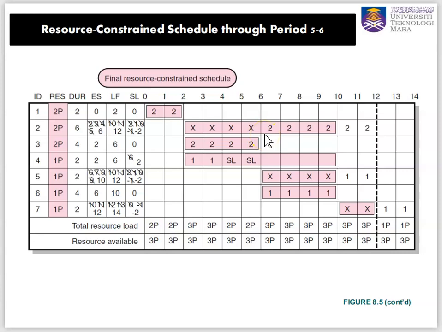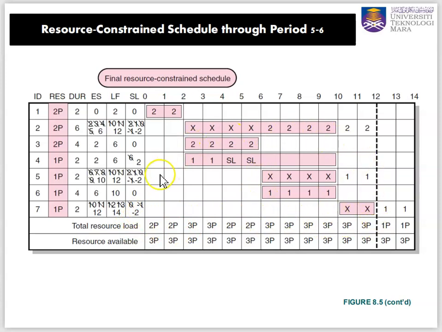By using the heuristic method, we will choose the minimum slack first. So the minimum slack here now is activity 2, which is minus 2. Activity 7, even though it's minus 2, cannot be started until every activity is finished.